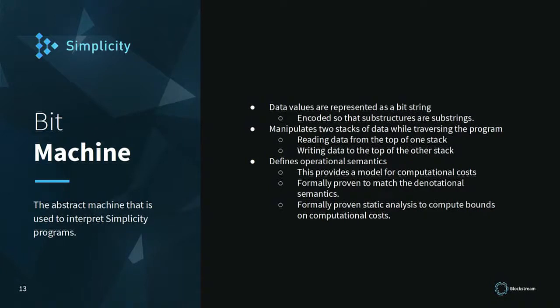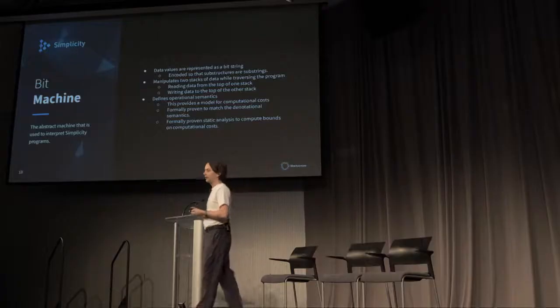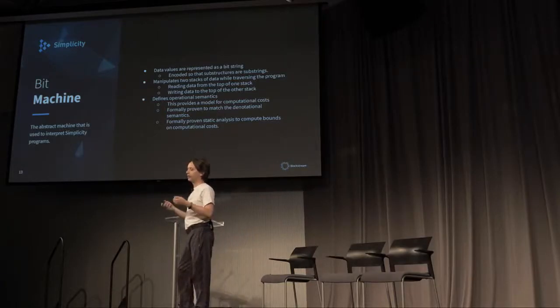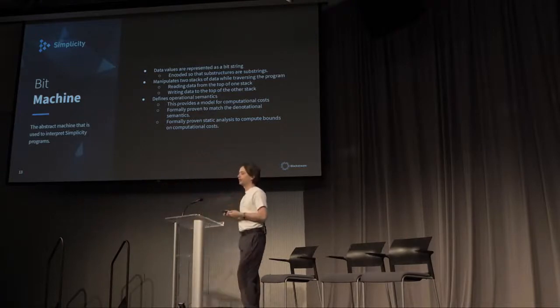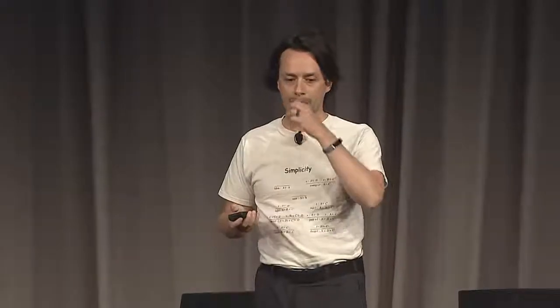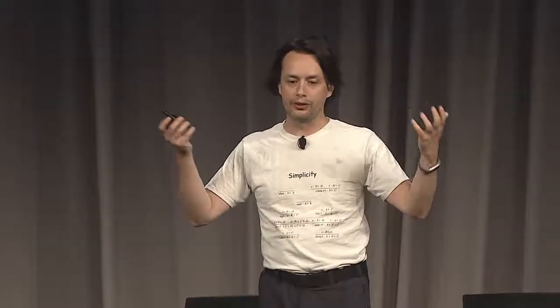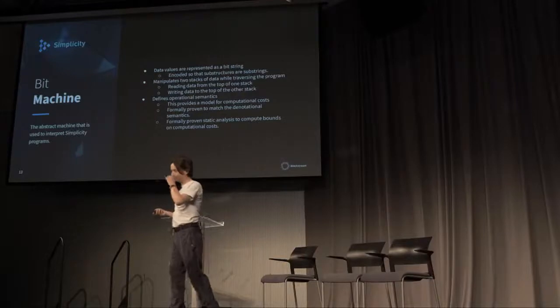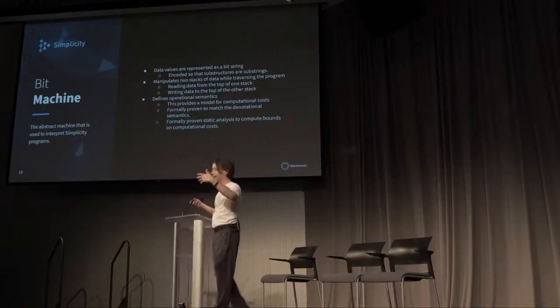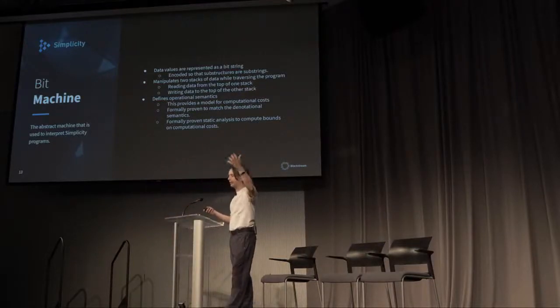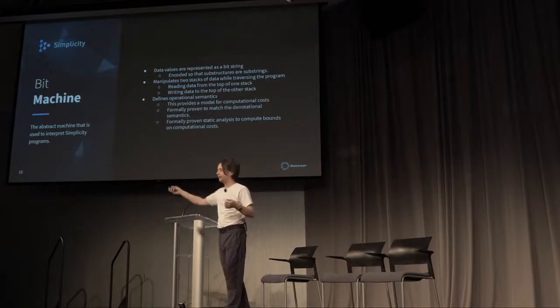And we have this nice, cute little encoding so that substructures of your data structures are encoded so that those substructures are actually substrings of that data value, which allows the bit machine to very easily dive into the substructures. The bit machine sort of manipulates these 2 stacks of data while traversing this DAG that we saw over here. And it's got this sort of read data stack, this data stack that it reads from, and this other data stack that it writes to.